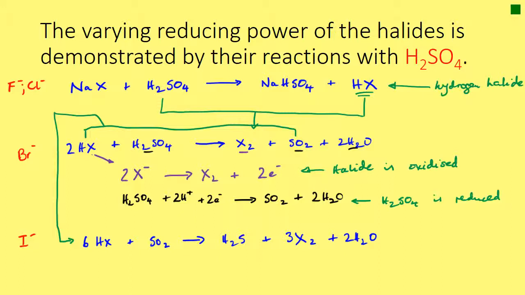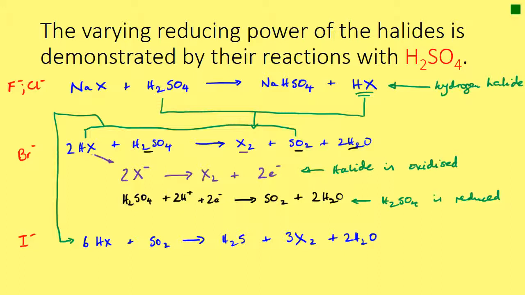So that is it for most of the halides where their reactions stop. But for one halide, the one with the most reducing power, that is the iodides, then there's an extra step in the reaction still.